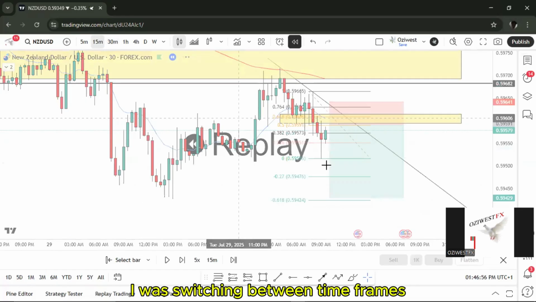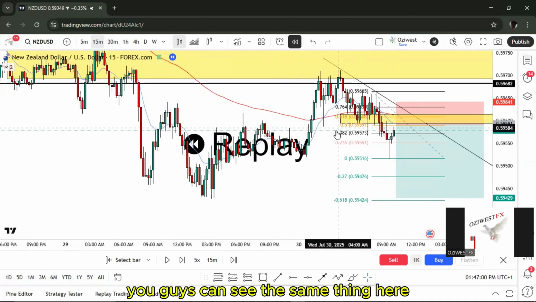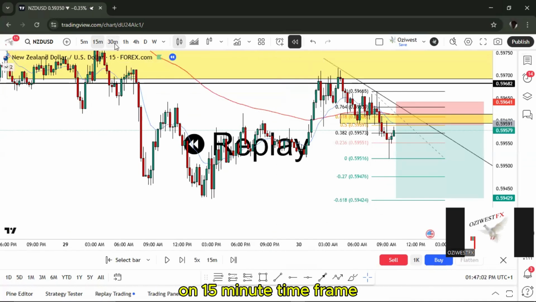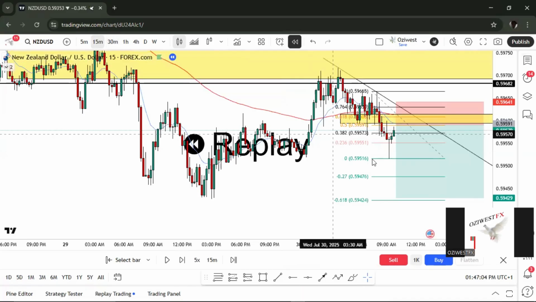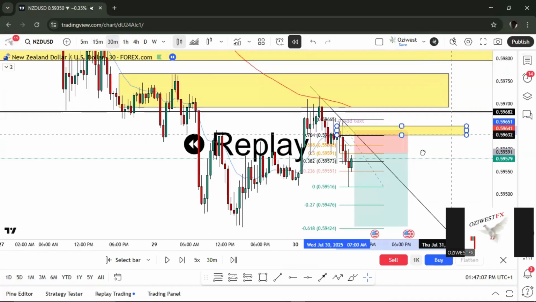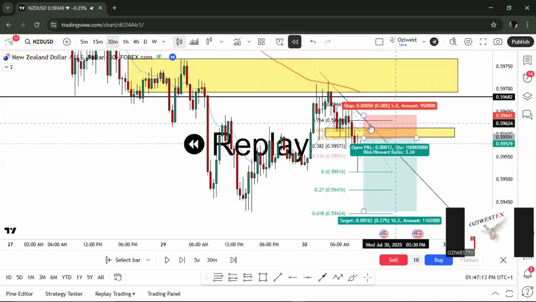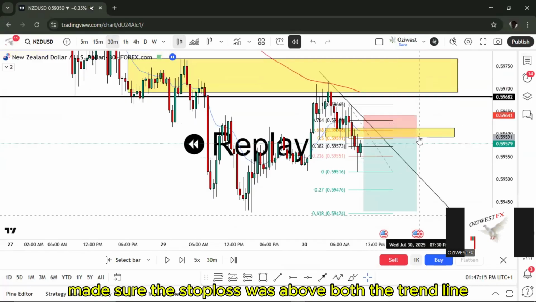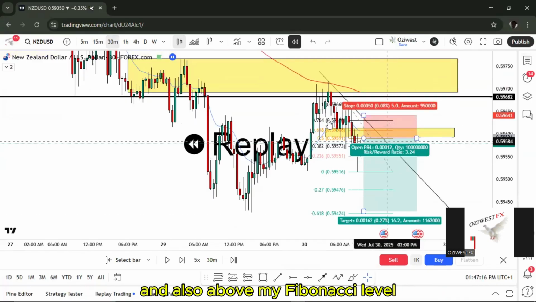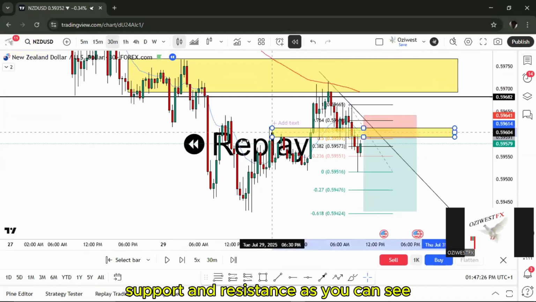I was switching between time frames just to see what price was doing. You guys can see the same thing here on 15-minute time frame. We had this level of support which that drawn out. And the short stop loss was above both the trend line and also above my Fibonacci level, and also above the horizontal level of support and resistance.